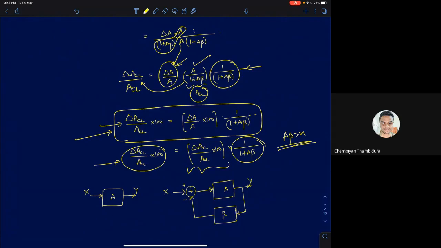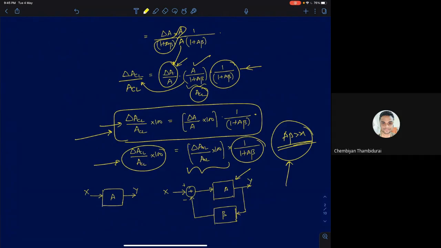The gain is more or less insensitive, or rather it doesn't change with process or temperature variations, even though your open loop amplifier's gain is changing significantly. Now you get these benefits, to be very clear, to reiterate, as long as you maintain this condition, which is A beta has to be much greater than 1.